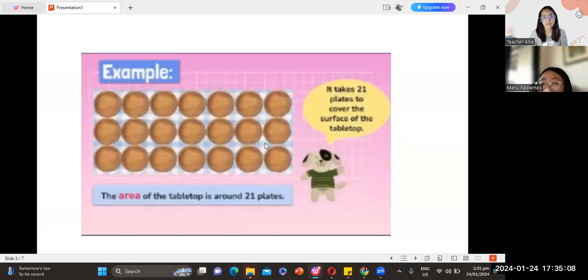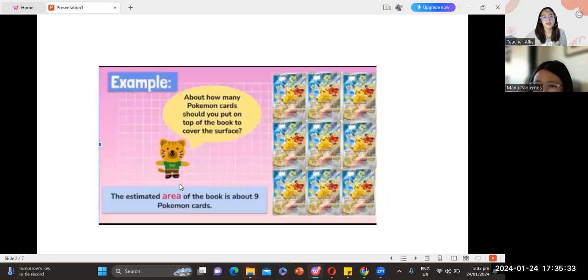The area of the tabletop is around 21 plates, so it's 21 areas.